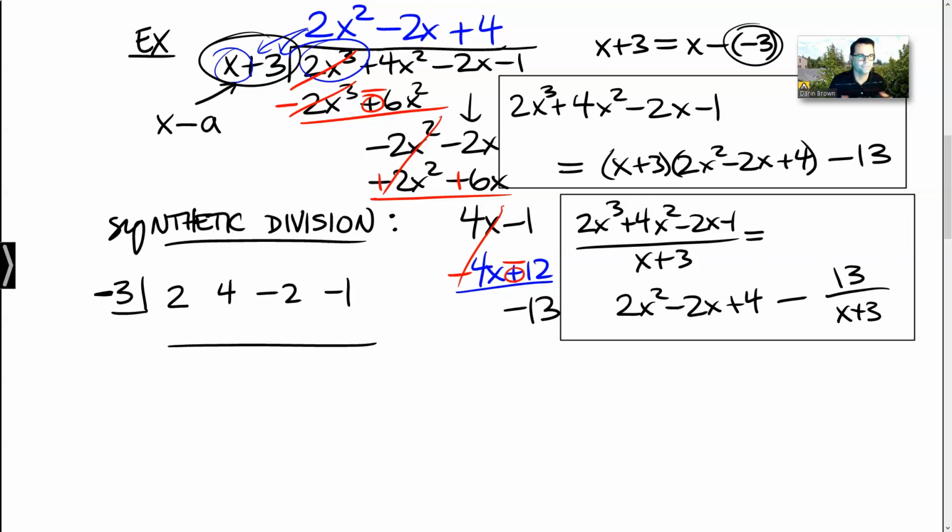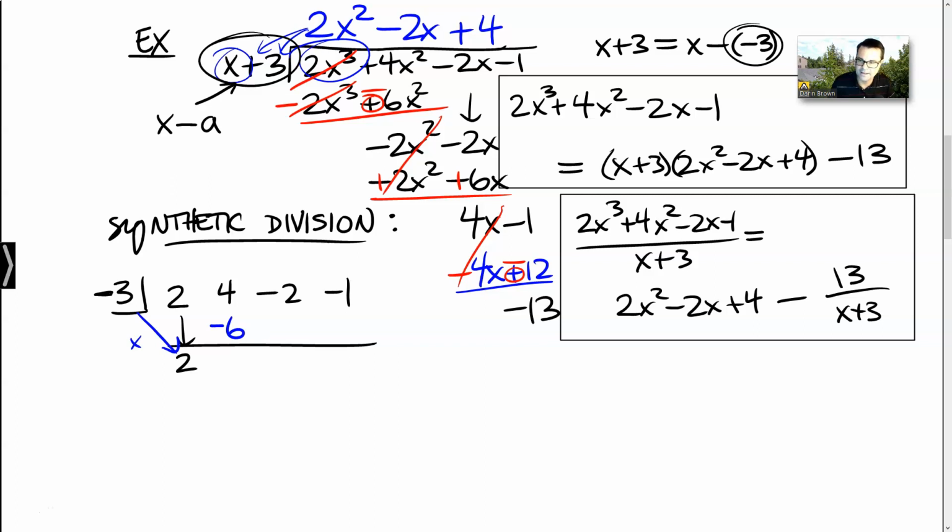Okay, and then I write this bar. And what I'm going to do is fill in 2 more rows of numbers. Here's the pattern. I first just drop down the 2. Then I do the same 2 steps: I multiply, add, multiply, add. So I'm going to multiply negative 3 times 2 gives me negative 6.